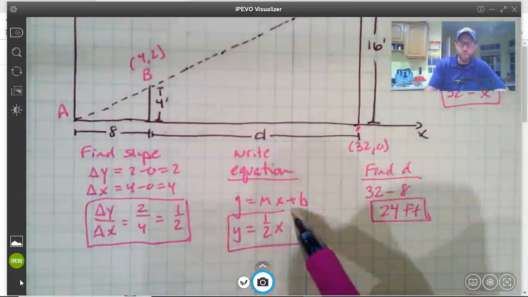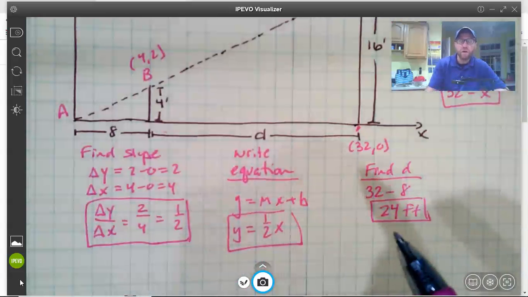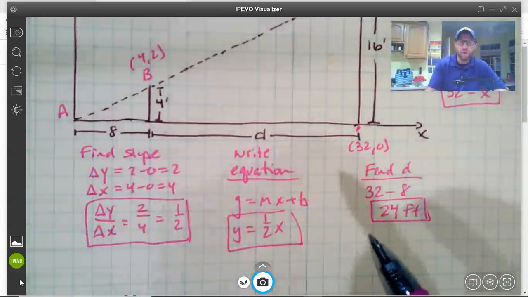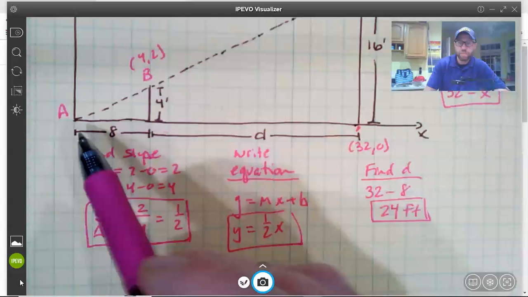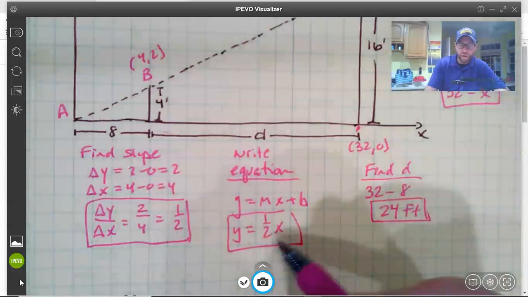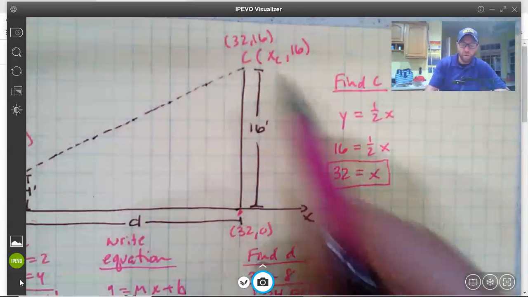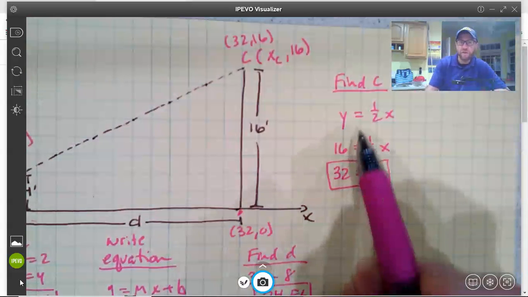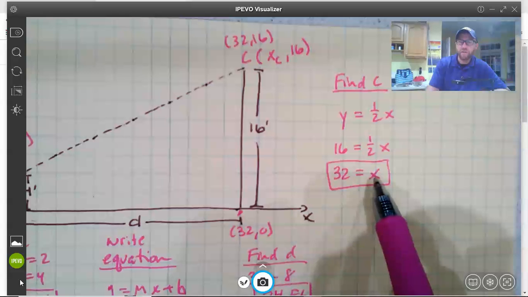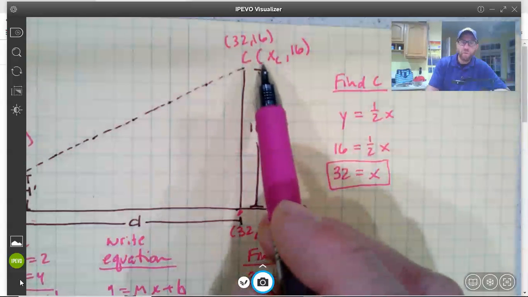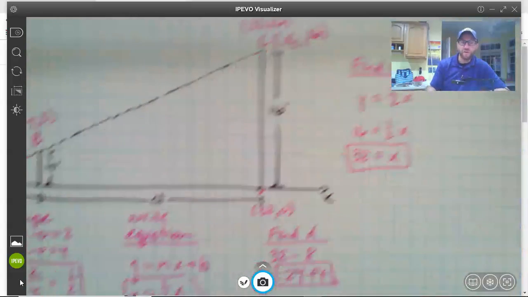We used slope-intercept form because I know the slope and I know the intercept. So that was y equals 1/2 x. And then, since we knew the y-coordinate for the point, we just substituted 16 for y and we solved for x to get 32. So the coordinates for point C are 32, 16.